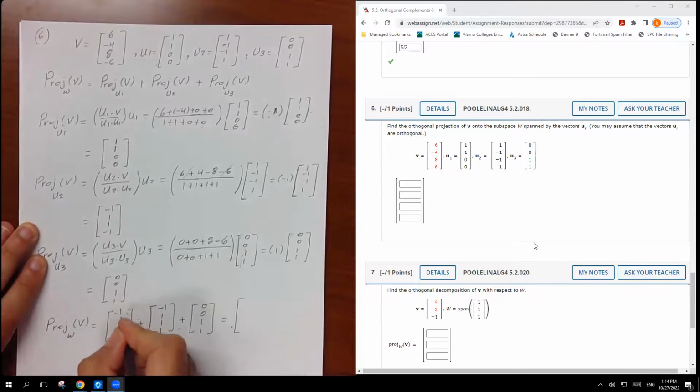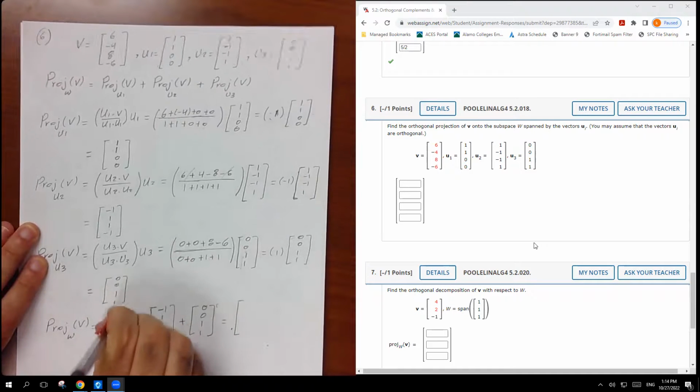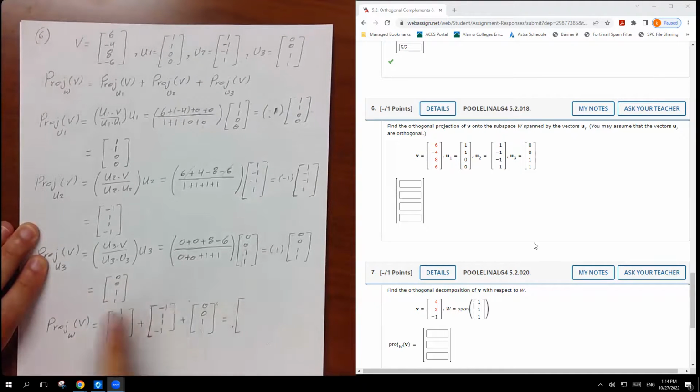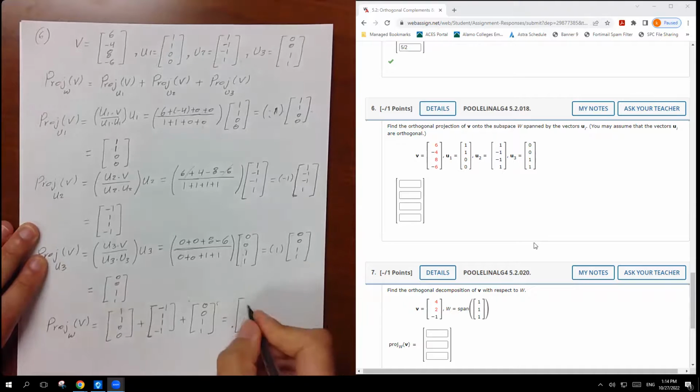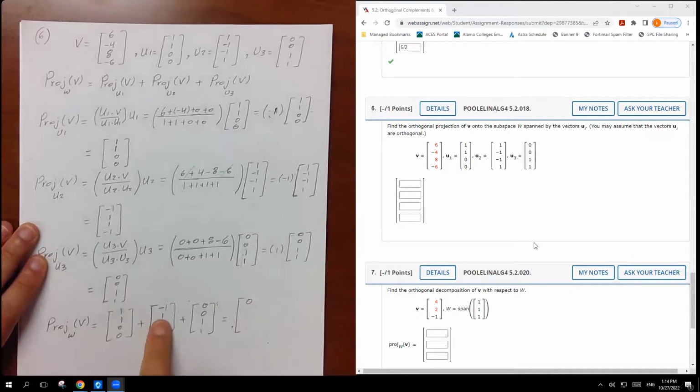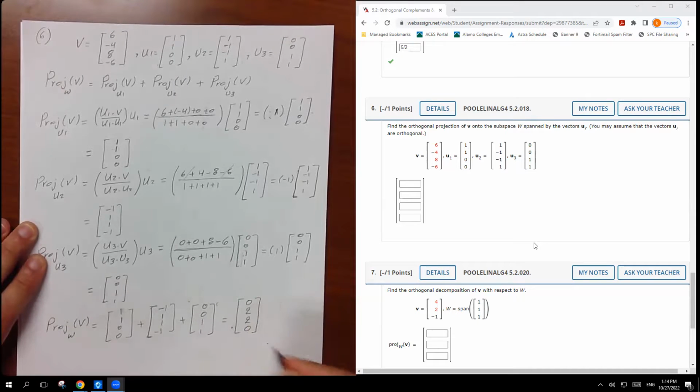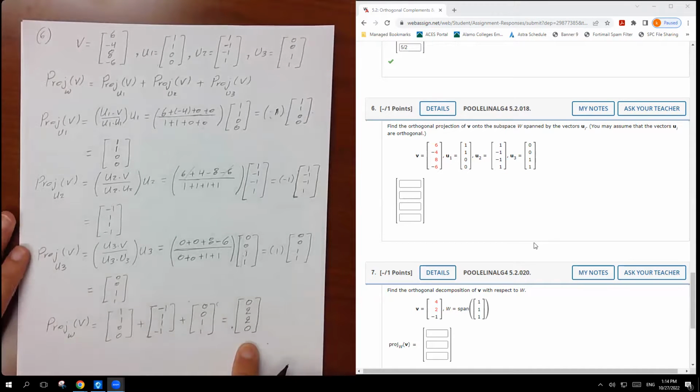So it's going to be 1, 1. Now it's 1 minus 1 plus 0 is going to be 0. 1 plus 1, 2. And this one is going to be also 2. And this one is going to be 0. So here is the projection of V onto W.